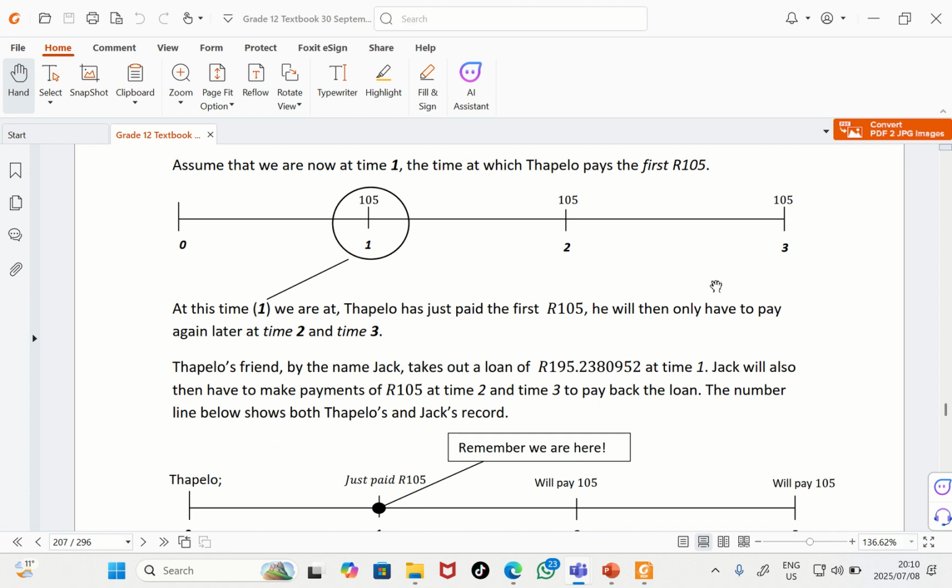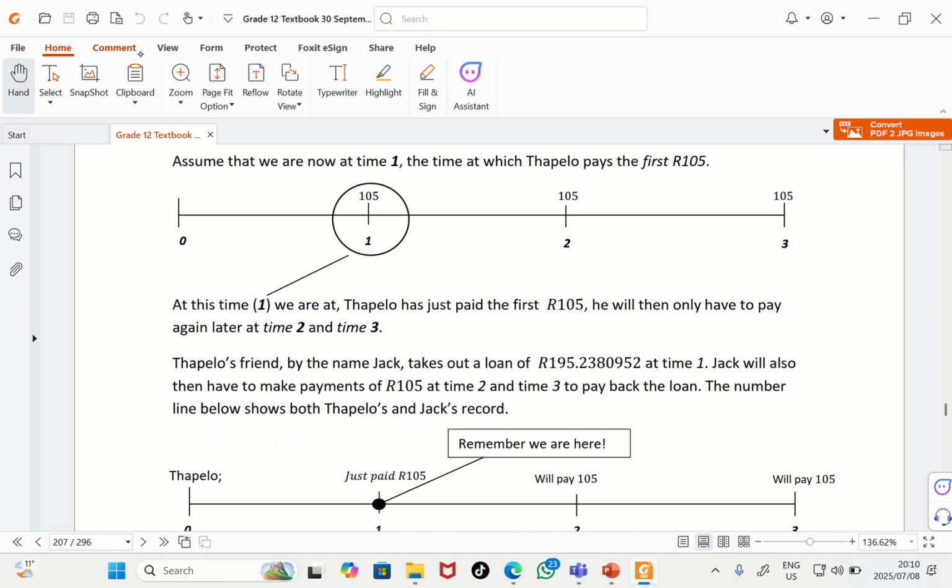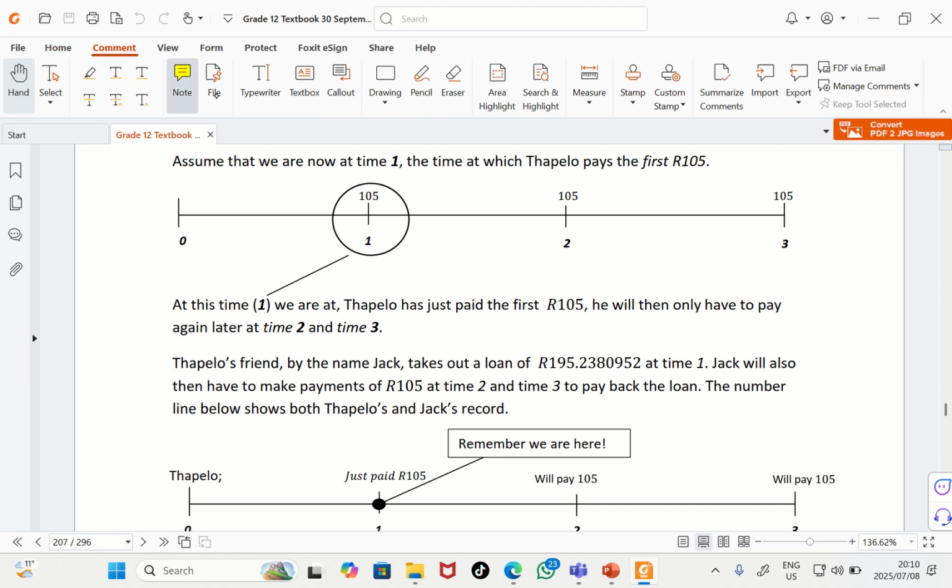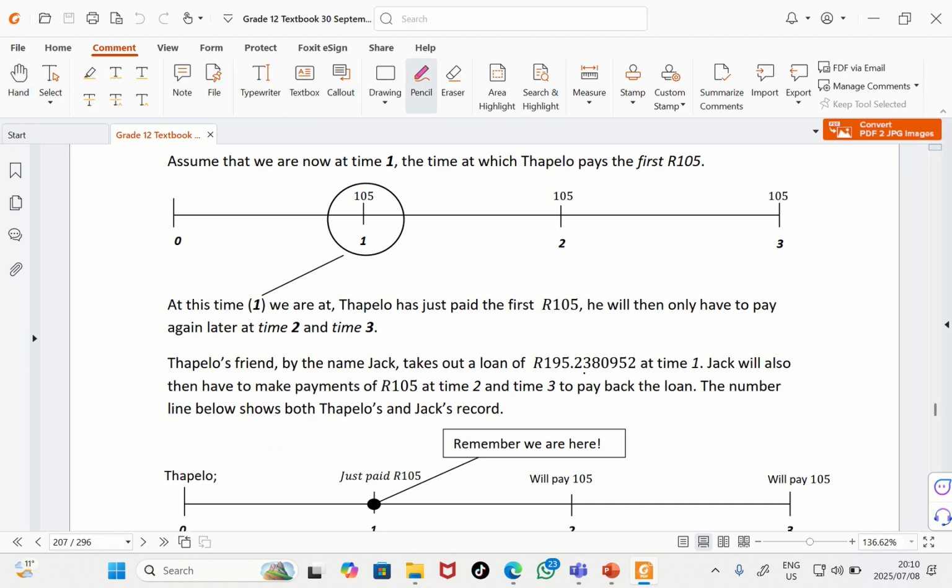Then I asked you guys to do a calculation. Did you get the value of 195.2324? Yes or no?